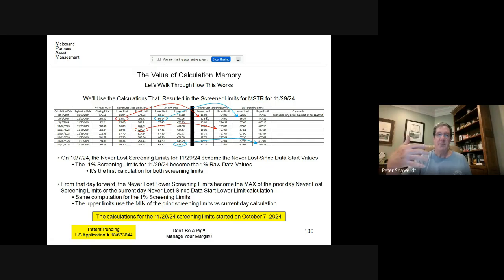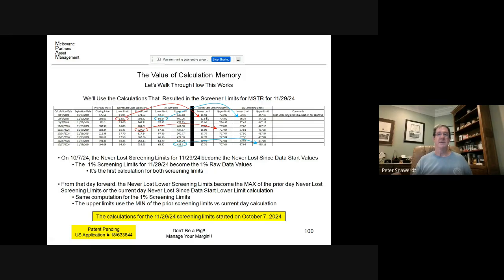The rationale for why we do that is to resolve from a very, very wide calculation way out in the future to something that narrows down around the actual stock price on the day you're looking at.